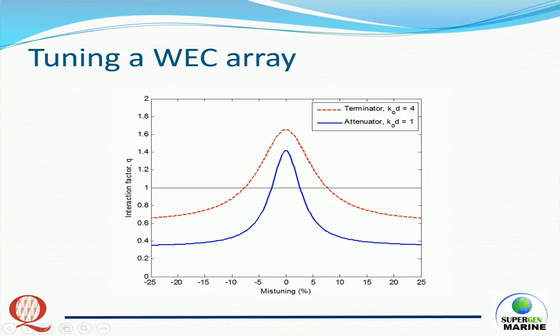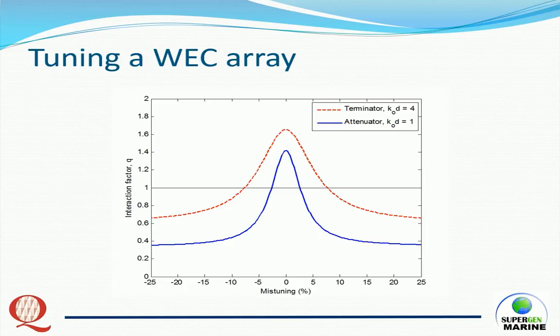It makes sense, in the sense that what you're trying to do in an attenuator configuration is get the waves generated by the first device to constructively interfere with the second device, while the waves from the second device are also constructively interfering with the first device. Whereas side by side is a less demanding control situation in terms of the phasings of the radiated or radiated diffracted waves, and so you get a broader bandwidth. So the story there, if you like, is be careful about idealized array interactions.